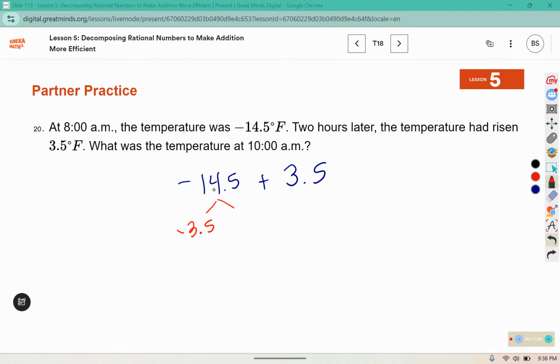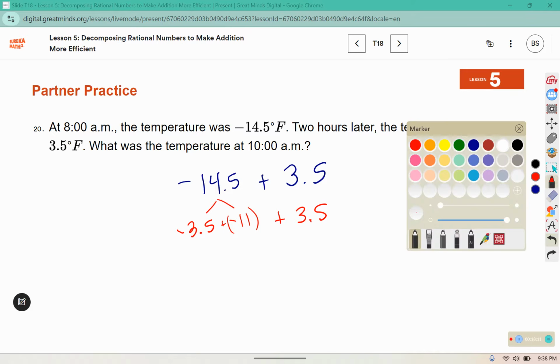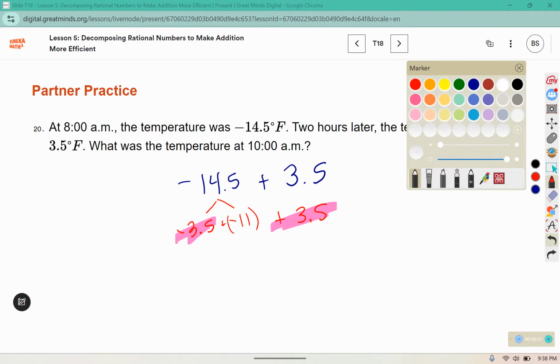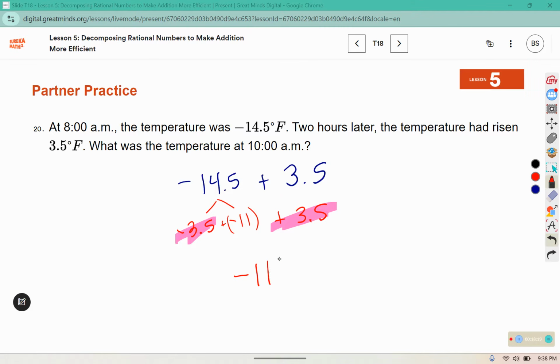And to get 14.5 with the 3.5, we would need negative 11. Negative 3.5 and negative 11 make negative 14.5. These two are additive inverses. So our final answer will say that it was negative 11 degrees Fahrenheit.